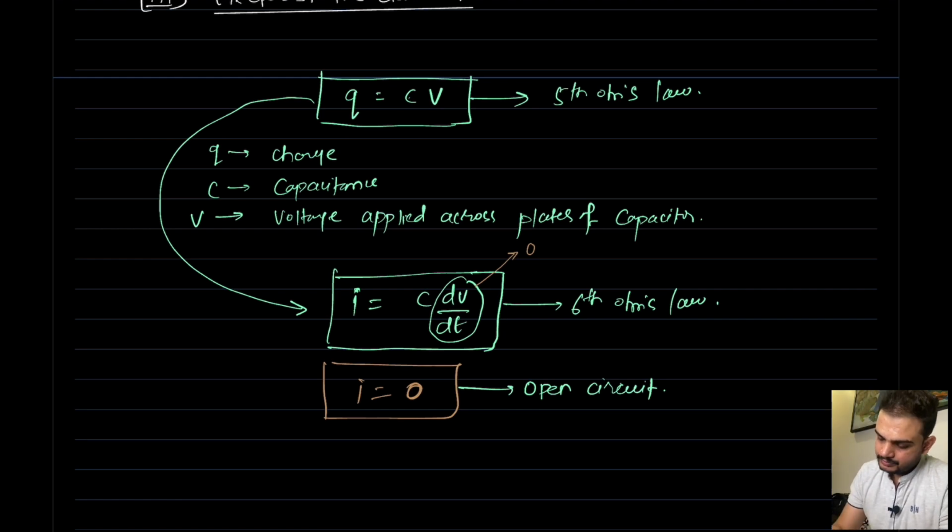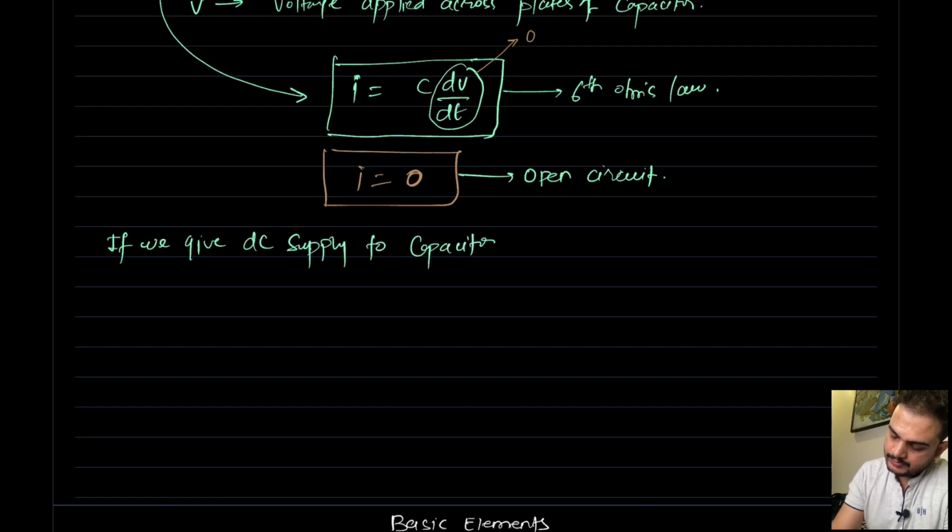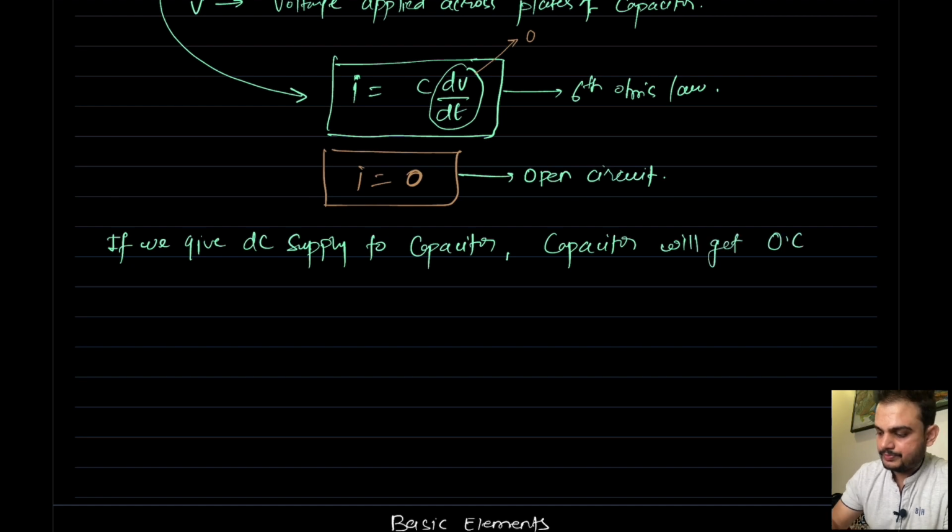So if we give DC supply to capacitor, the capacitor will get open circuit.